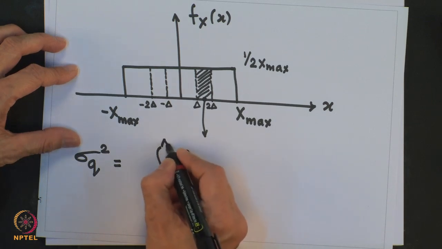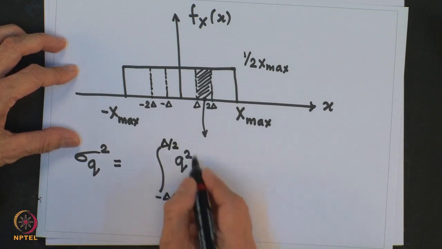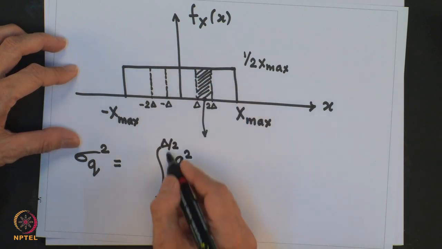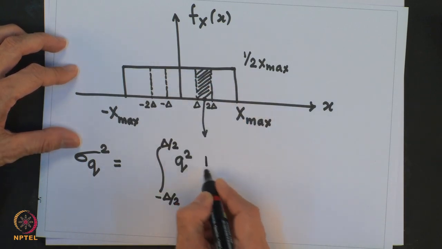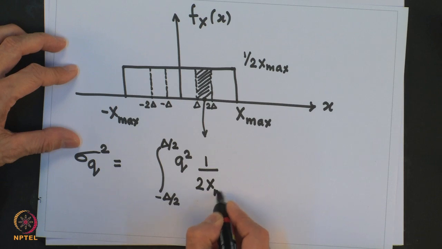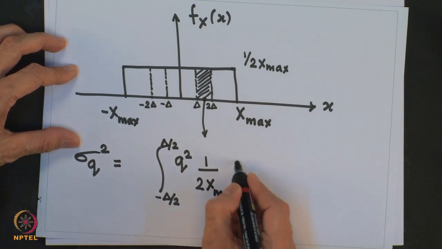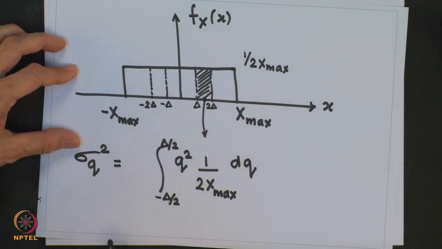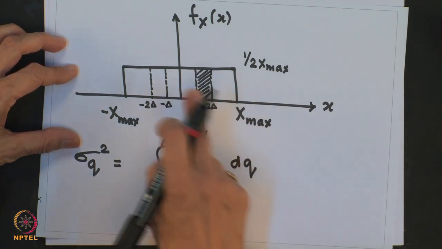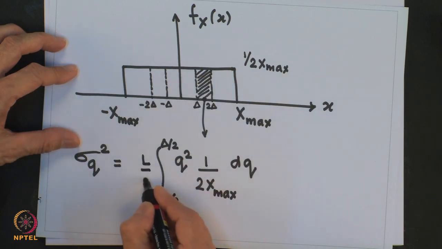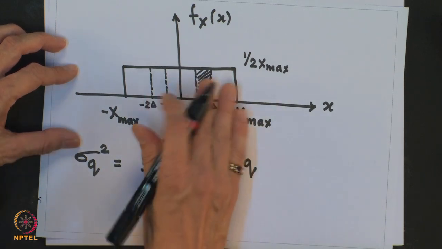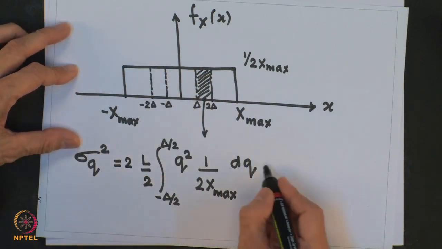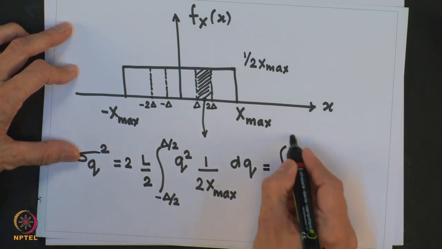So, if I do this, then this would be the quantization noise in that interval between minus delta by 2 to plus delta by 2. So, this will be the quantization noise in any of the intervals, and there are L by 2 on this side, so multiply by L by 2, and there is L by 2 on this side also, so multiply this by 2.